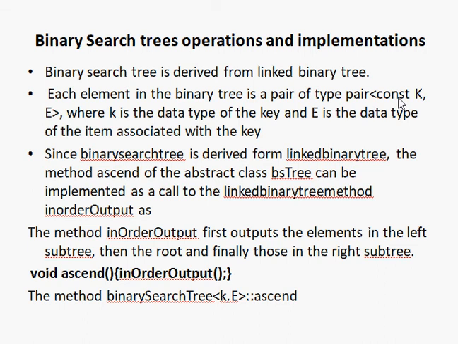The element field is split into two: element dot first, which carries the key, and element dot second, which carries the value associated with it. Along with this, the node has a left child and a right child, two pointers.